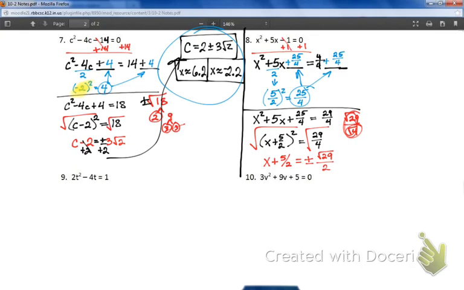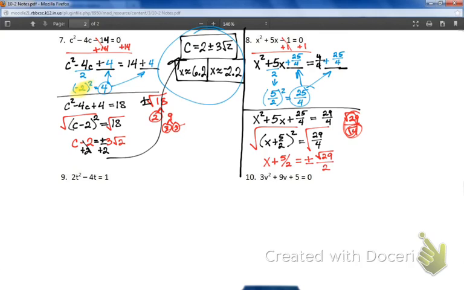Because that's how you do a square root of a fraction. Square root of 29 was not a perfect square, left it as is. Square root of 4 was a perfect square, turned it into a 2. I did not need to reduce the square root of 29 because it can't be reduced. You can't break that down into perfect squares that simplify any farther. So you can't simplify square root of 29, but you can simplify square root of 4.